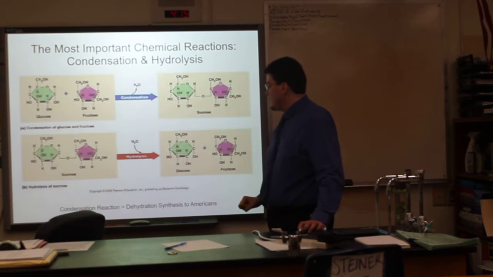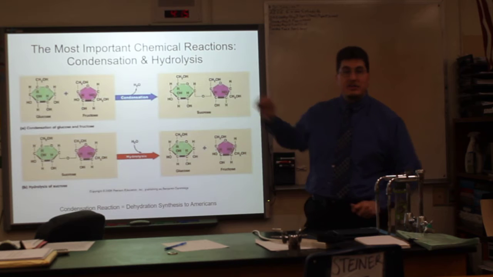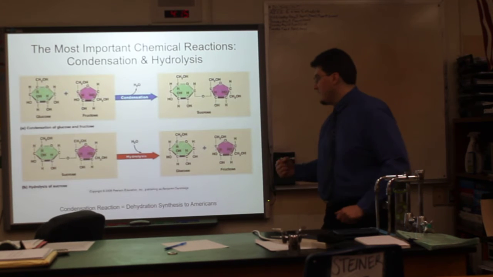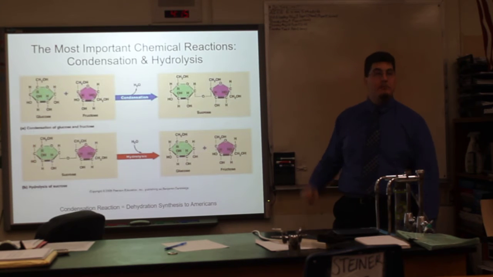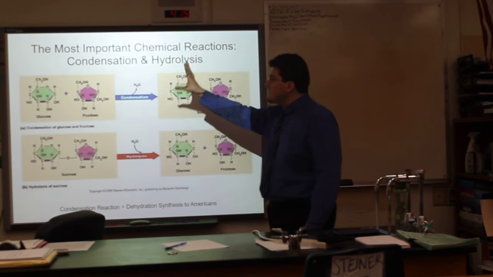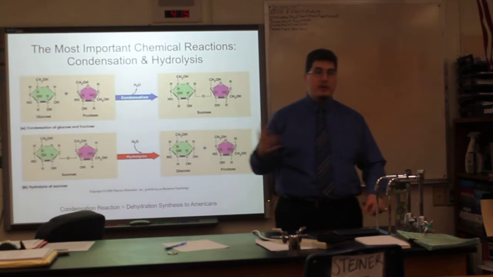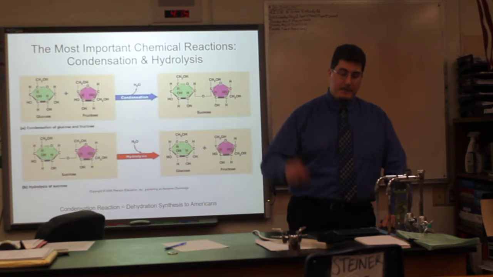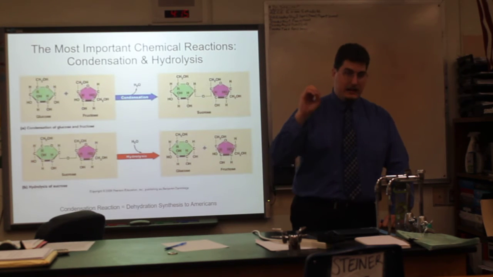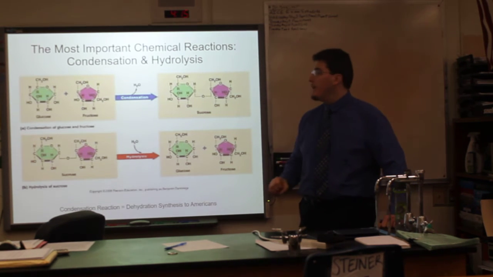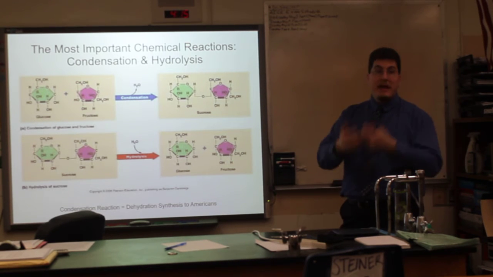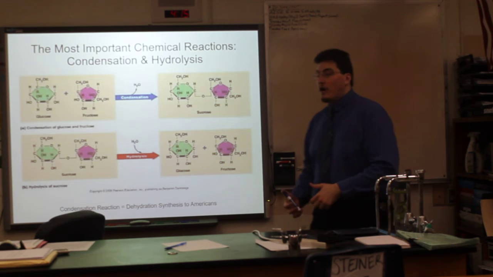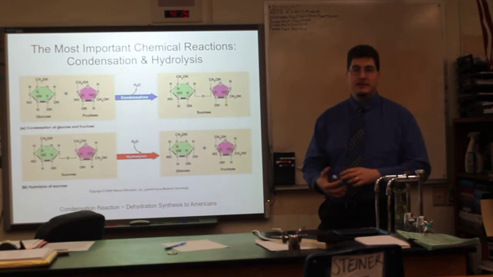Water will be added. This glycosidic bond will be broken, and you will have, at the end, 2 separate monosaccharides. These 2 reactions can apply to any macromolecule. Remove water to form a bond. Add water to break a bond.